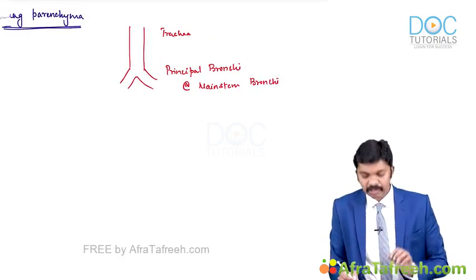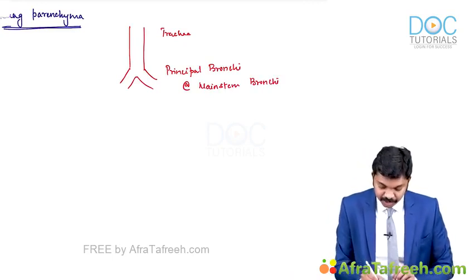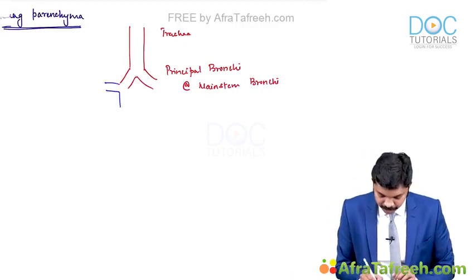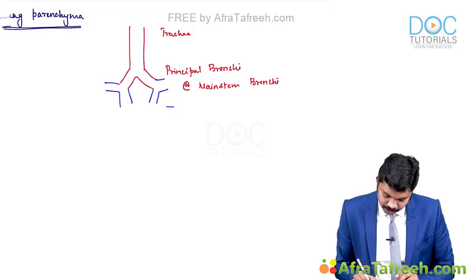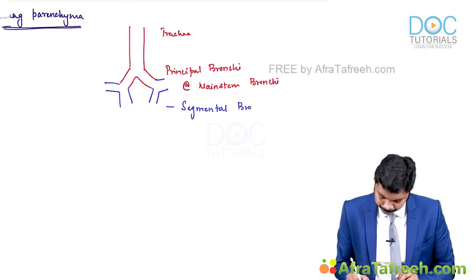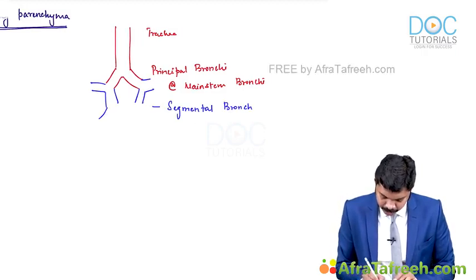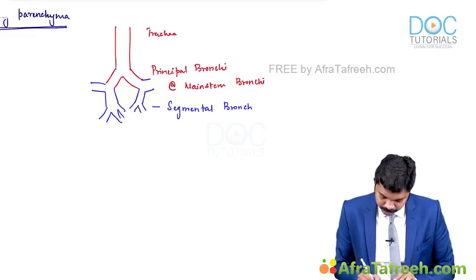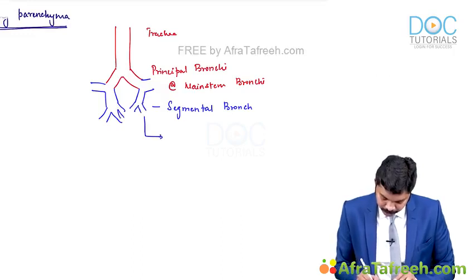Now these principal or main stem bronchi divide into another structure called segmental bronchi. Segmental bronchi in turn divide into lobar bronchi.